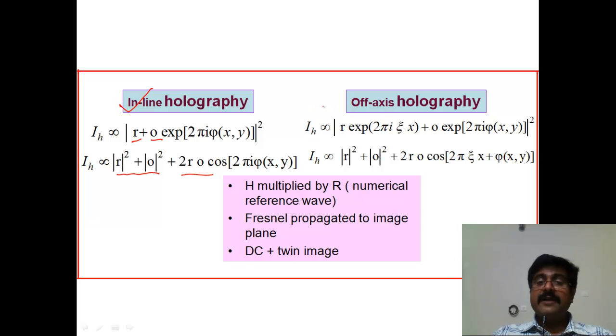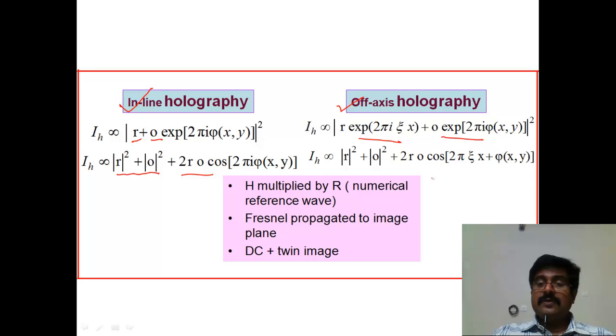Whereas in off-axis holography, there is an offset angle between the object wave and reference wave. So in the reconstructed image, the DC, the twin images, the real and virtual images, there is a separation between these terms.